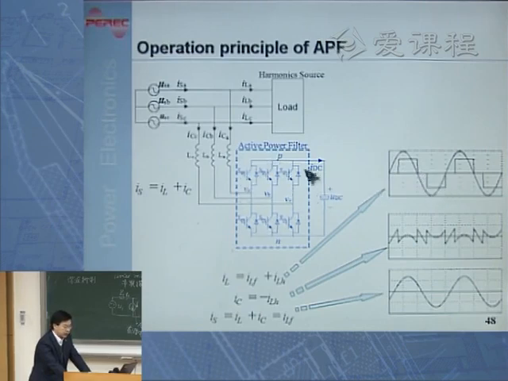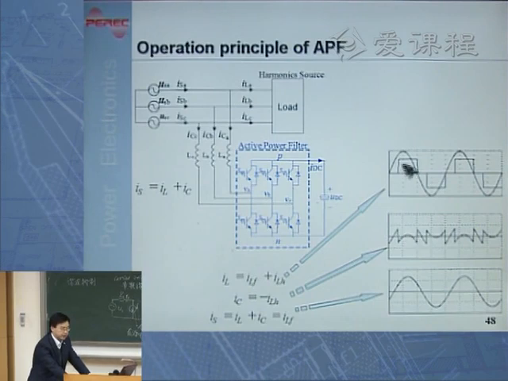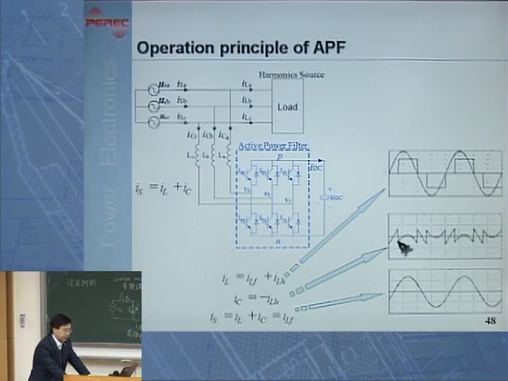What I do with this active power filter is measure how much harmonic current is inside this 120-degree current waveform. So the second waveform is exactly the harmonic component within this 120-degree current. I detect that, and then I control this power converter to generate a current IC.